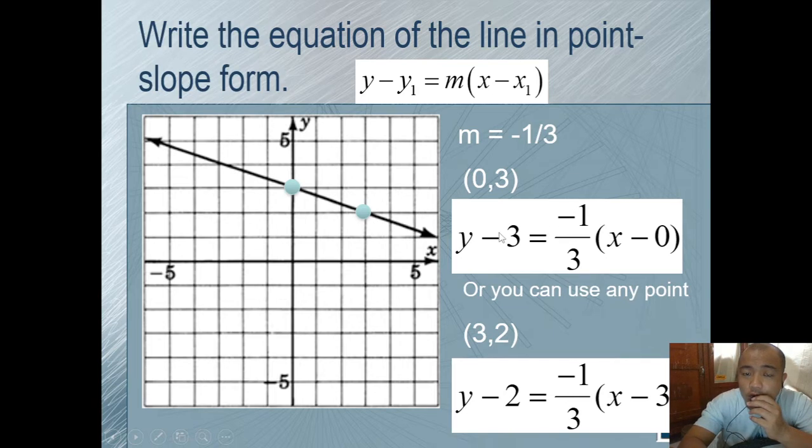And if we're going to transform these 2 equations to ax plus by equals c form, then we can obtain the same answer, which is 3y minus 9 equals negative x, or x plus 3y equals 9. Yes, x plus 3y equals 9.